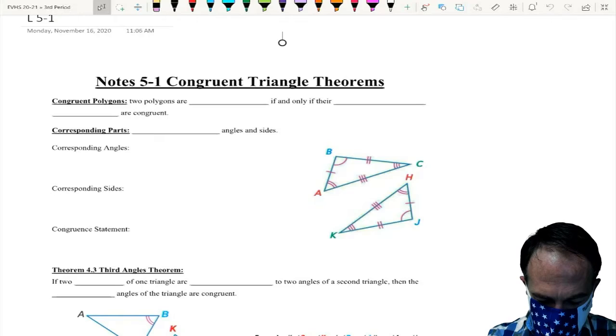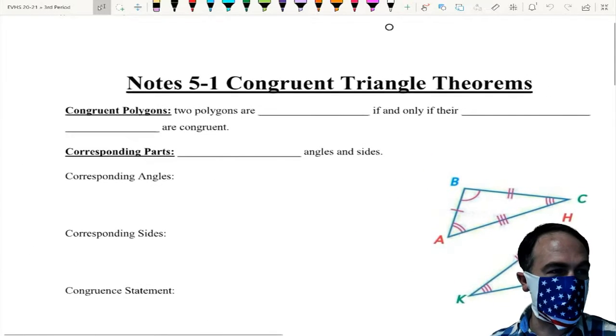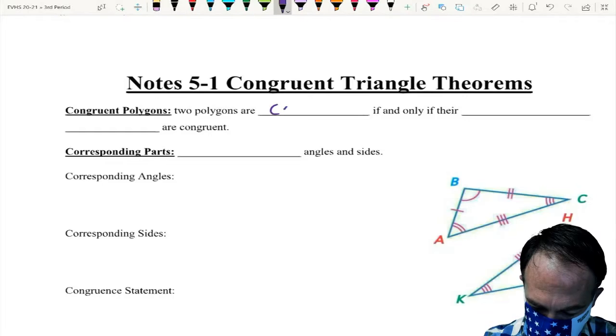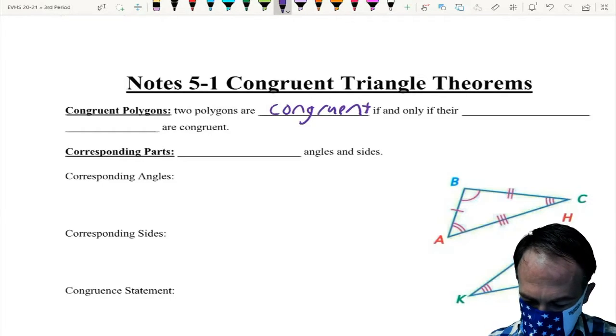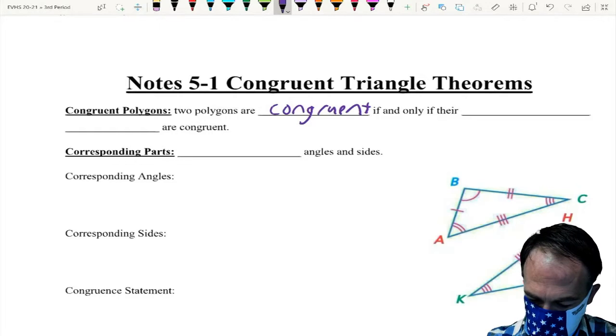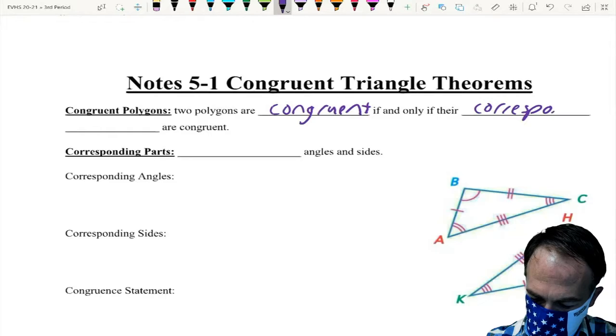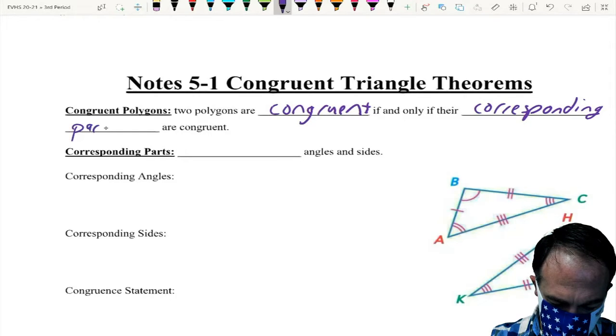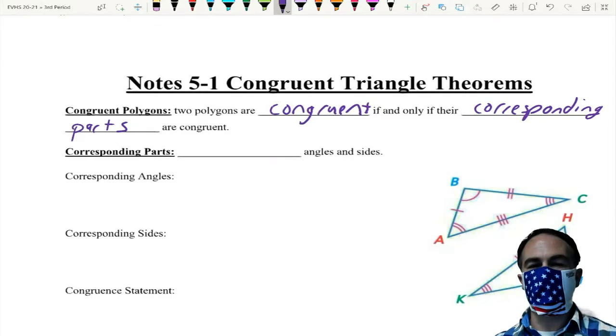So the first thing is: two congruent polygons are congruent if and only if their corresponding parts are congruent.